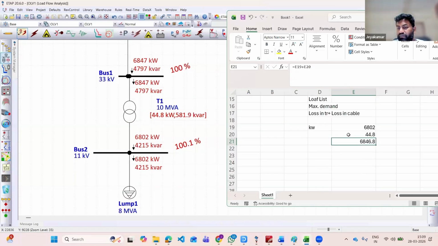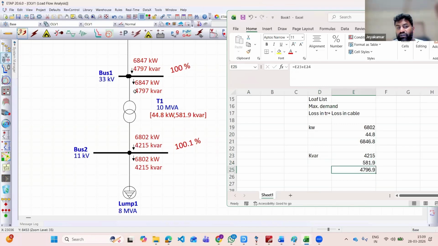Similarly for the kVAR also, you need to look at two important things. Don't only concentrate on active power, you need to look at the reactive power. Both are important. So here you see 4215, then here the reactive power, 581.9.